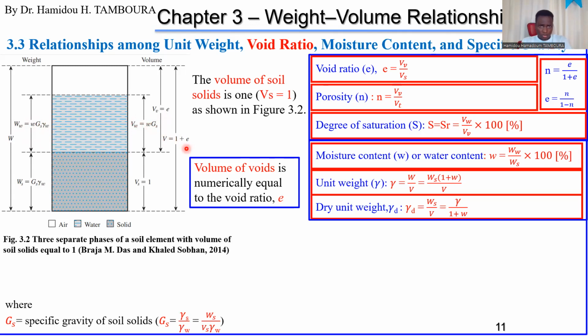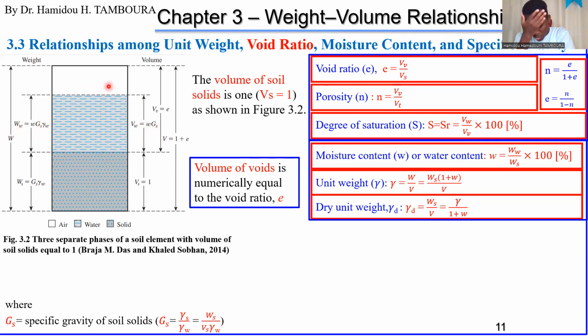Okay, so now we have obtained everything for the three phases. Solid phase, we have its volume and its weight. The liquid phase, which is water here, we have the volume and we have the weight.